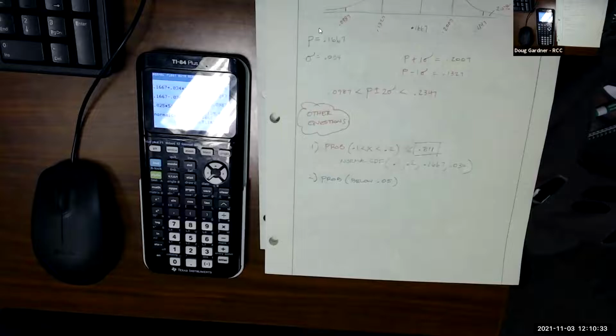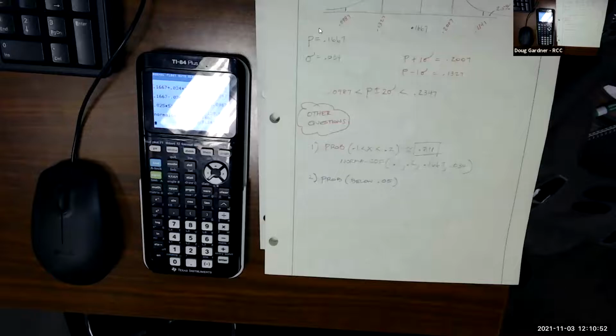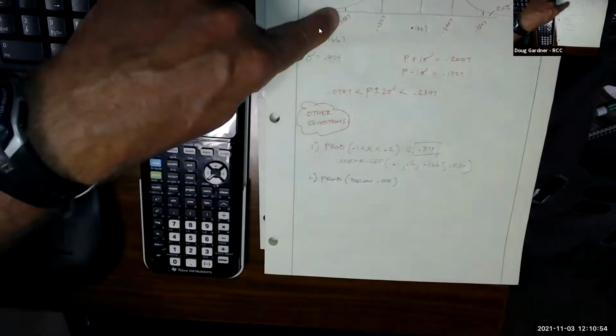What's the probability of being below, or what percent of the rolls would be below 5% of fives? Again, we expect 0.1167, that's what we expect. So we're way down, I said below, we're way down in this tail over here.